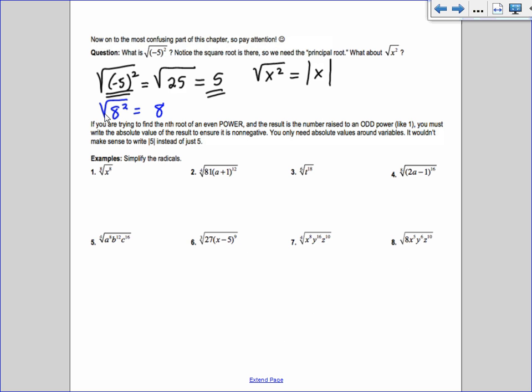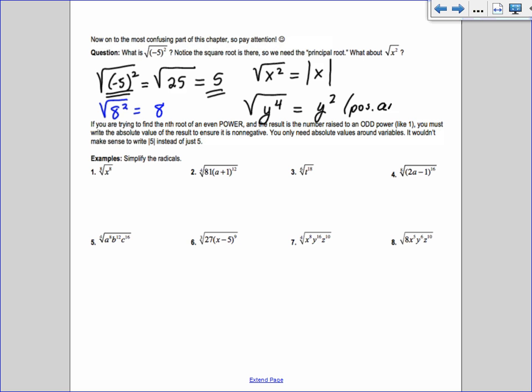Okay, question. What if I have the square root of y to the 4th? What's that? Y to the 2nd. Do I need an absolute value? I don't. Why do I not need an absolute value here, but I did here? Yeah, Alex? Yeah, anything squared is positive anyway, right?